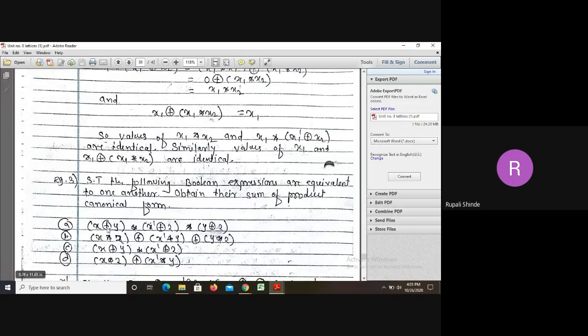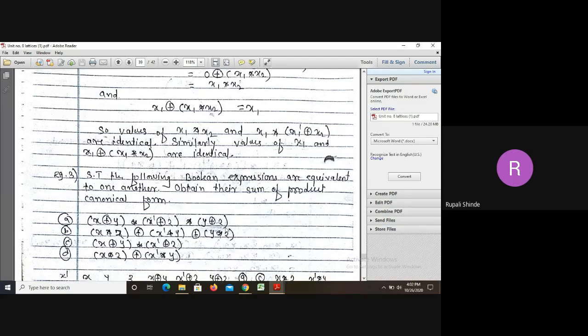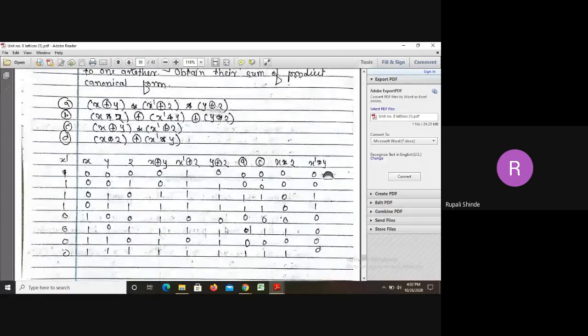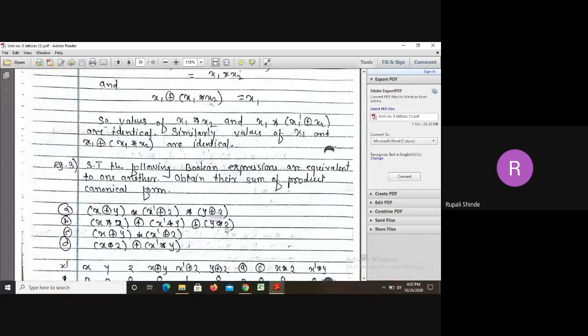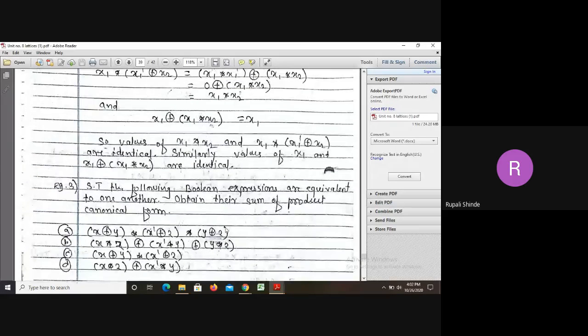So first is given as x XOR y star x complement XOR z star y XOR z. So from this we can draw a truth table like this, and then you have to tell me what are the forms that are identical to one another.